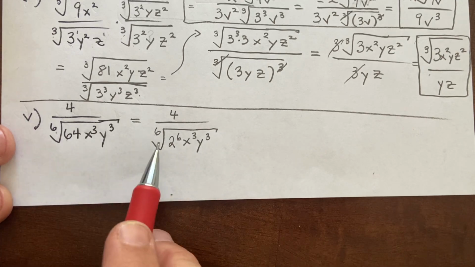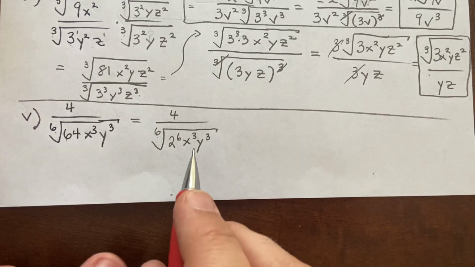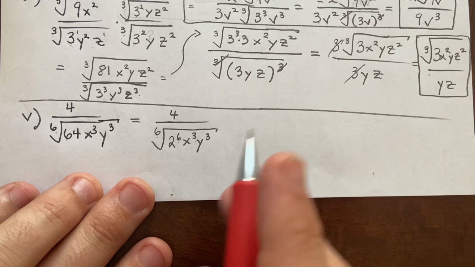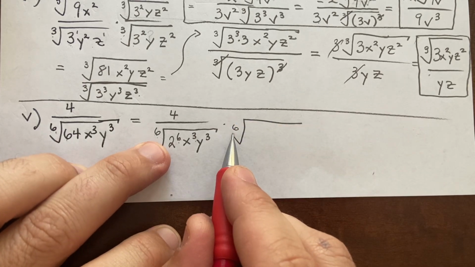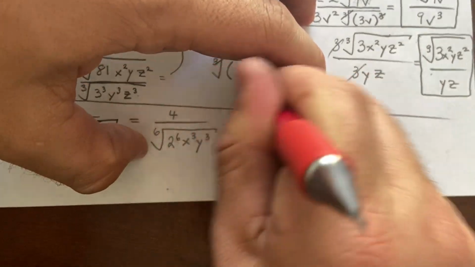And now I'm thinking, okay, I need to build up to match this index. So building that up, I already have my 6 on the 2. I have a 3. So I need to multiply by the 6th root, right? They need to be both 6th roots.